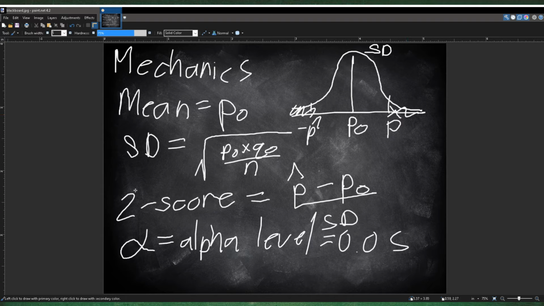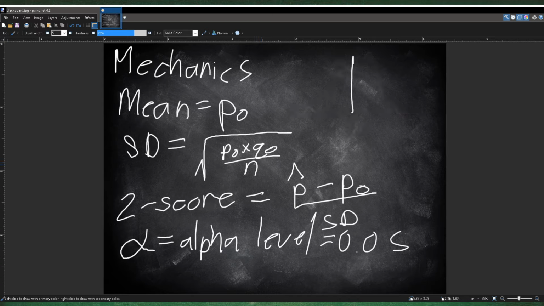Then the z-score, as I said in chapter 1 part 5, is basically a number which you just plug in to get the area under the curve. So your p-value will be equal to that. You're going to be using a calculator for the p-value anyway.